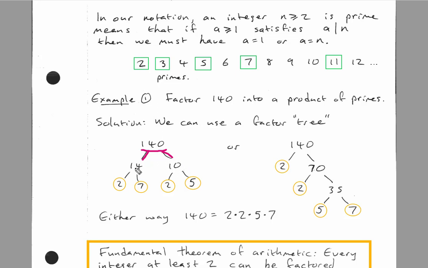14 is not a prime number. That breaks up into 2 times 7. We try to break up 2, but 2 is a prime number, so no smaller factors. The same for 7. On this side, 10 is composite. It's not prime. It breaks up into 2 times 5.